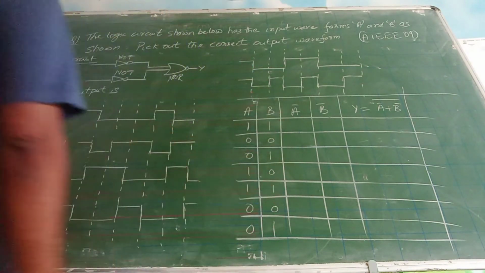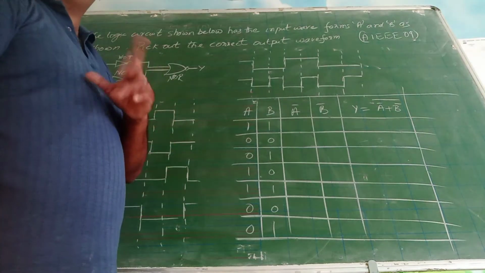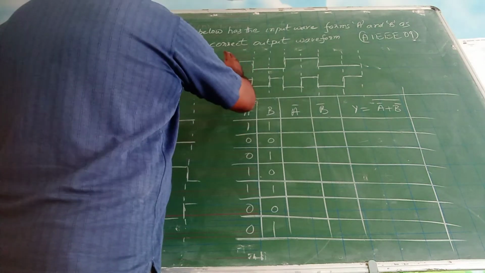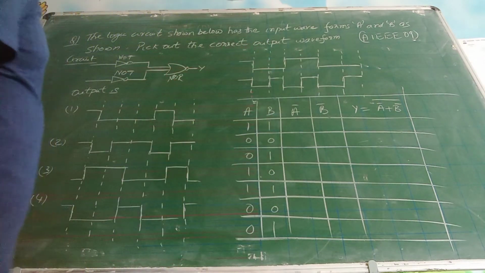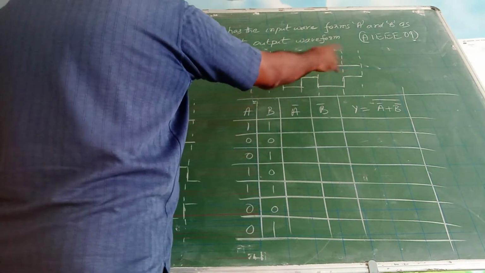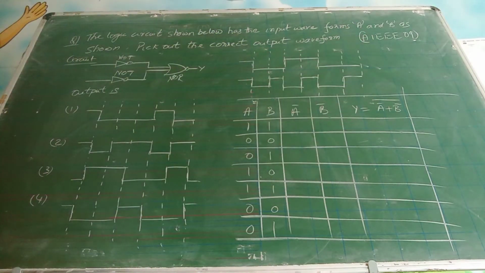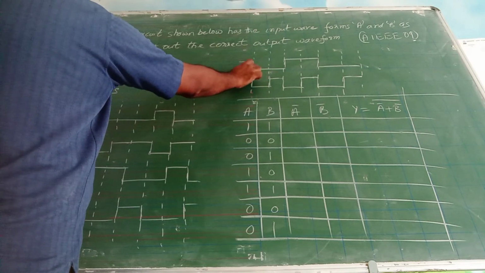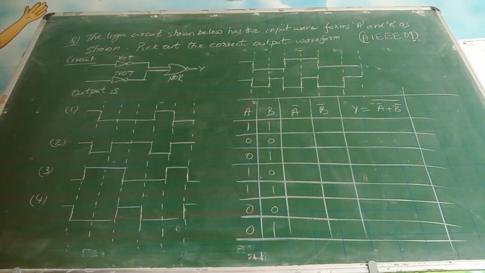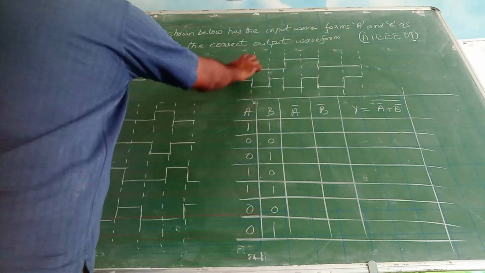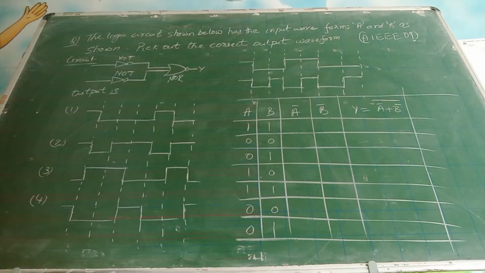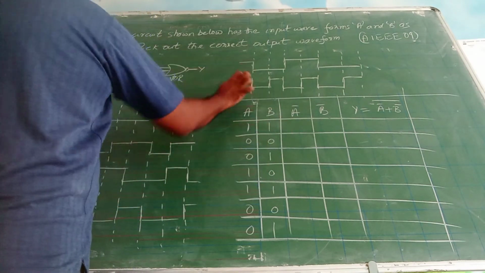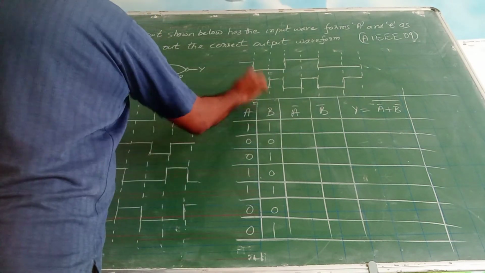Here you will have only two values, 1 and 0. If you see how many inputs are given, 1, 2, 3, 4, 5, 6, 7. You can see that this value corresponds to 0 and this value corresponds to 1. So the first value is A, B equal to 1, 1. Next is 0, 0.